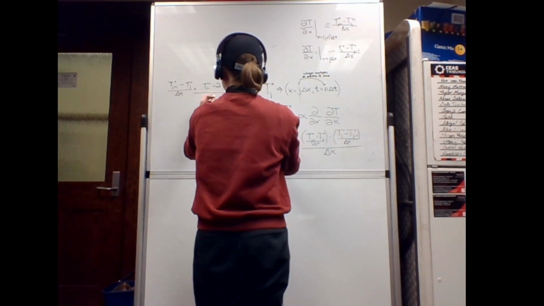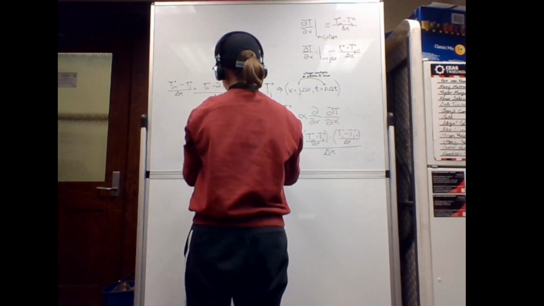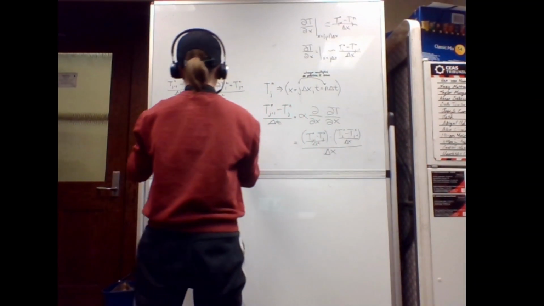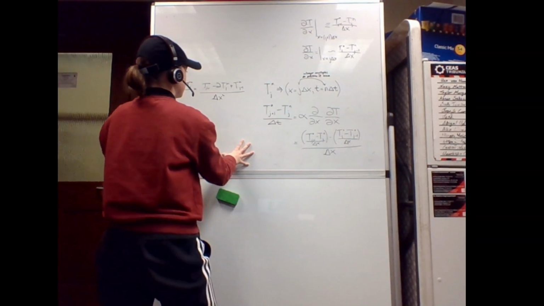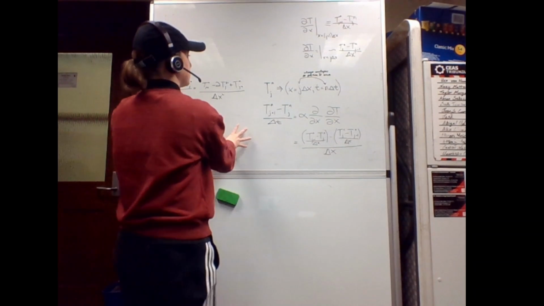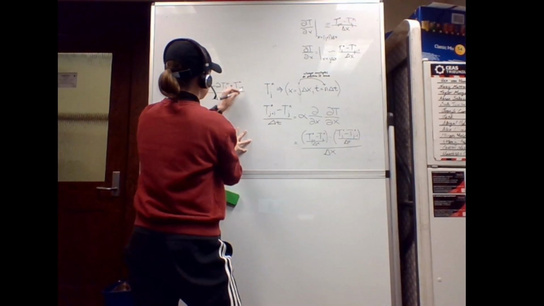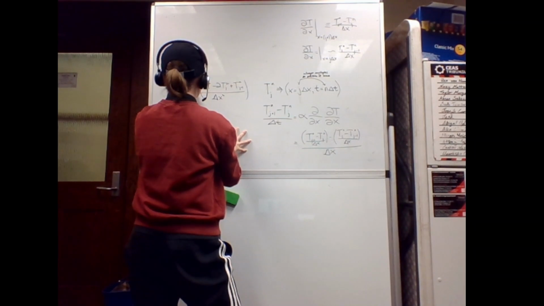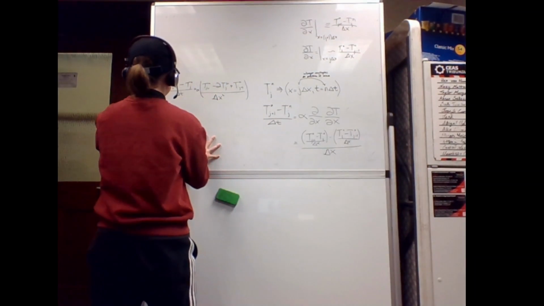This is all over change in x squared. Oh, and we still have alpha in front. Good. Okay. So now we can pull some things out.